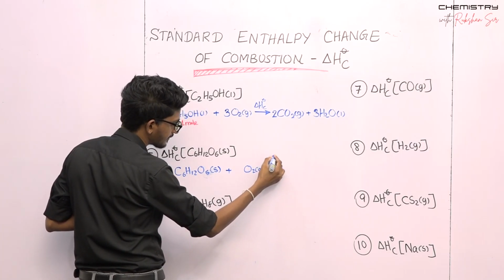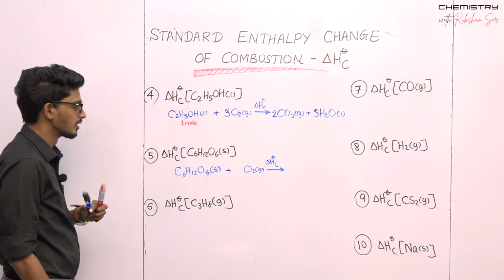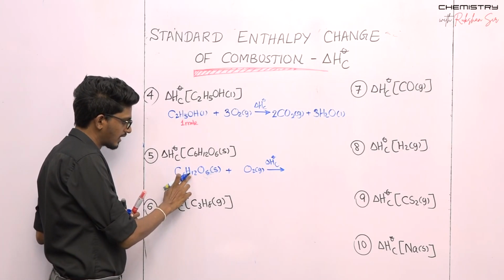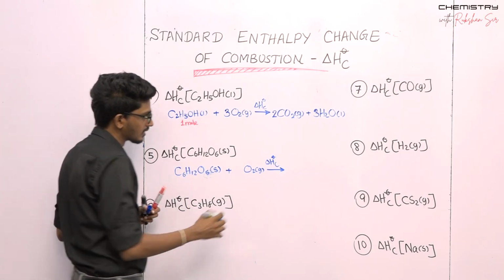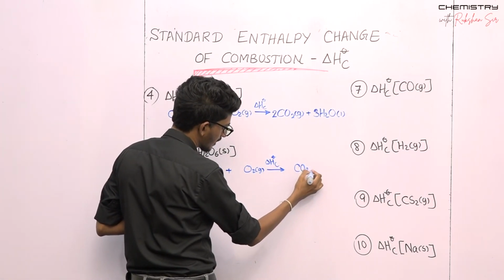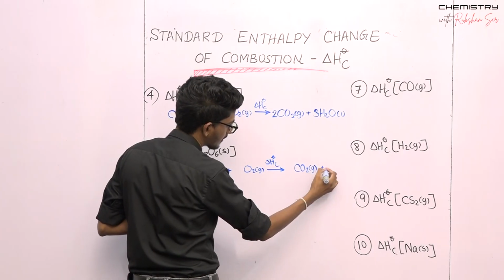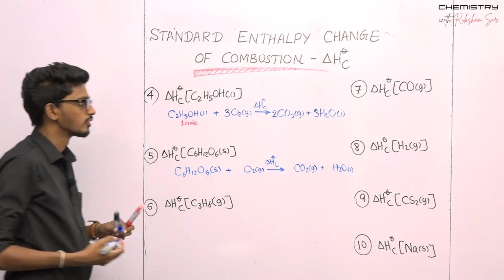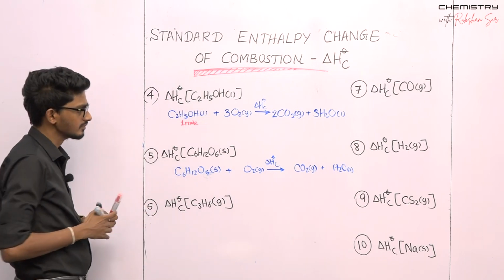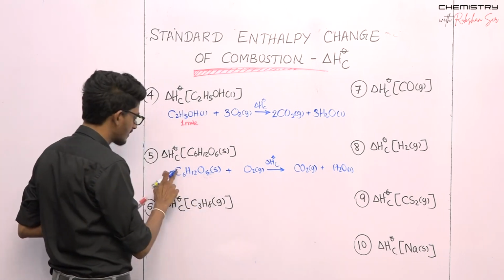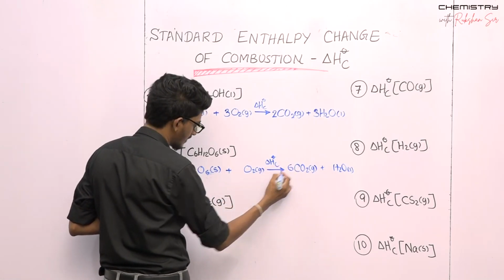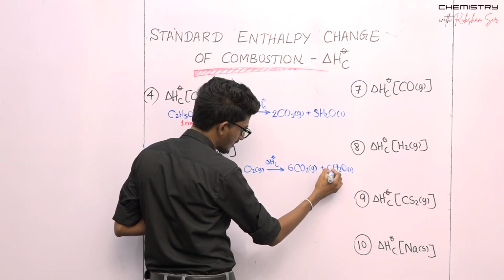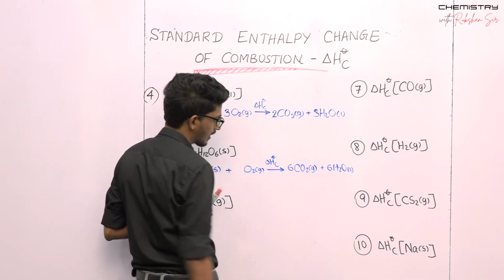So when combusting this thing, you will produce carbon dioxide and H2O liquid, as the oxides of the constituent elements. Now we need to balance the stuff. When balancing, you need 6 carbons, so you need 6 CO2 here. It needs 12 hydrogens, that means you need 6 H2O here, that will provide you 12 hydrogens.